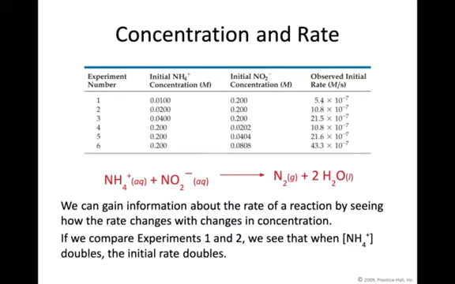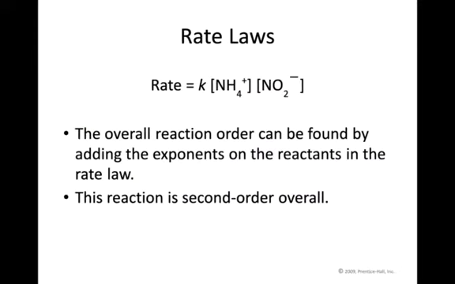The reaction is first order with respect to NH4. And you could do the same thing for NO2. And then here would be your finished rate law. So you could say that the rate is first order with respect to NH4, first order with respect to NO2, and the overall reaction order is just the sum of all the exponents. So this reaction would be second order overall.